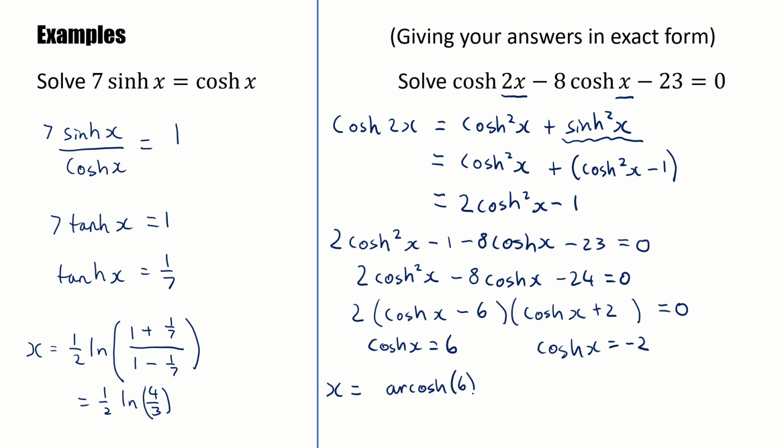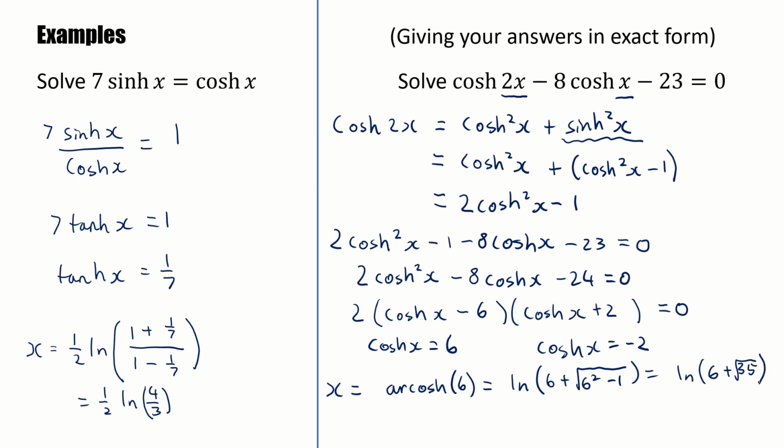So arcosh of 6 is equal to ln of 6 plus the square root of 6 squared minus 1, which is just ln of 6 plus root 35.